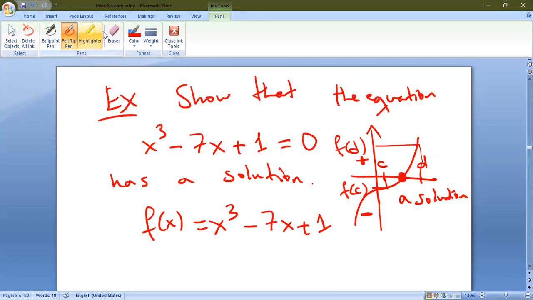Okay, maybe I should use my earlier letters because I want to stick to my use of letters.